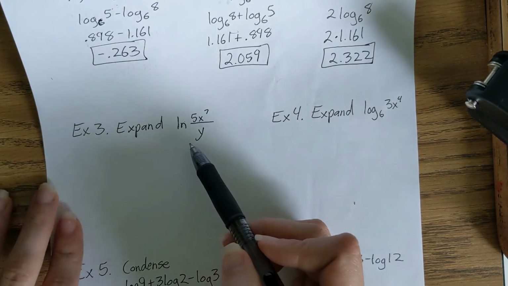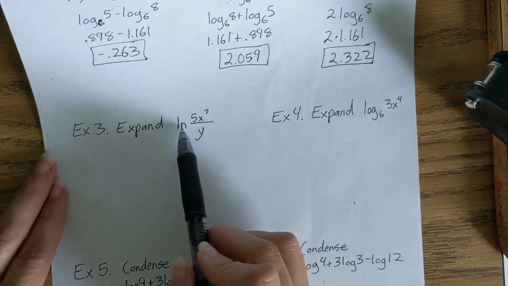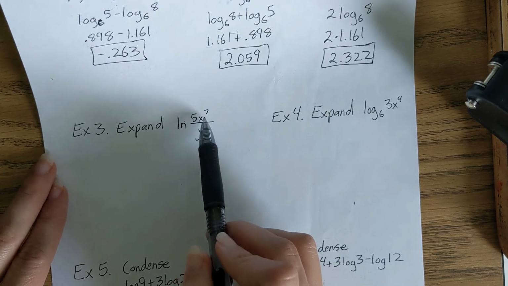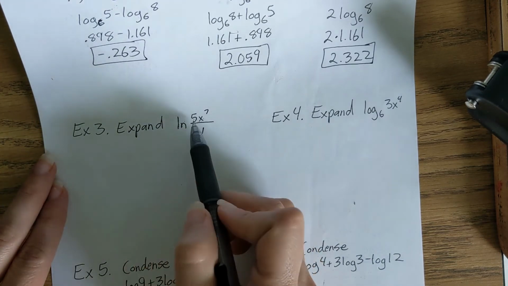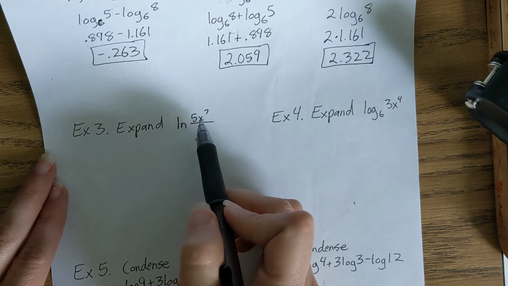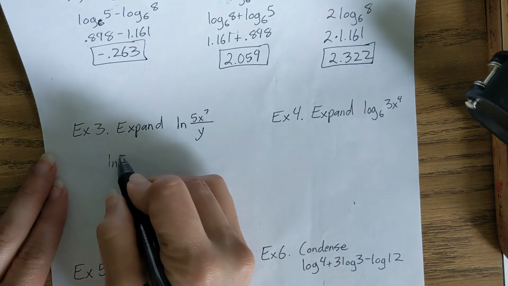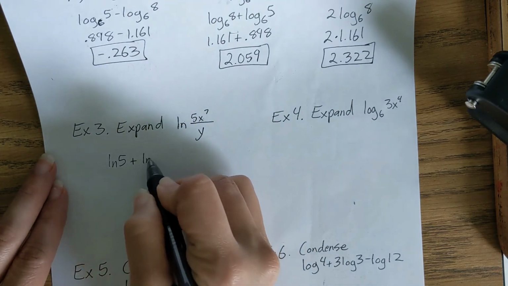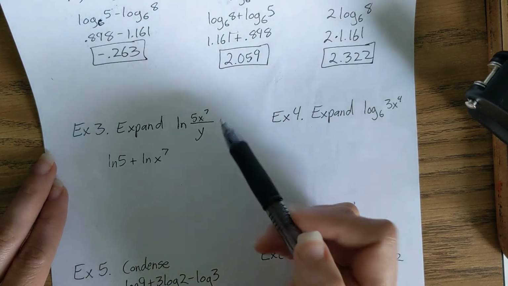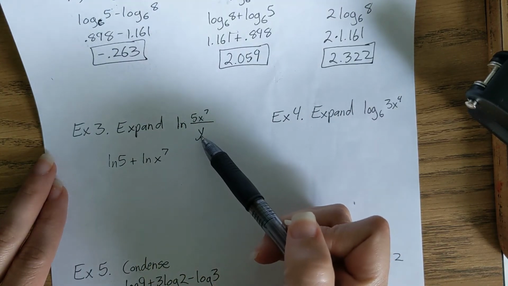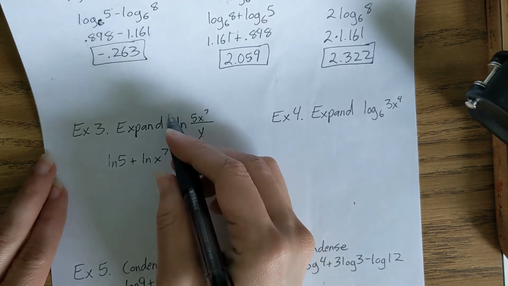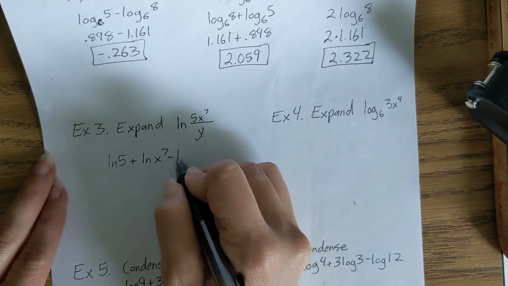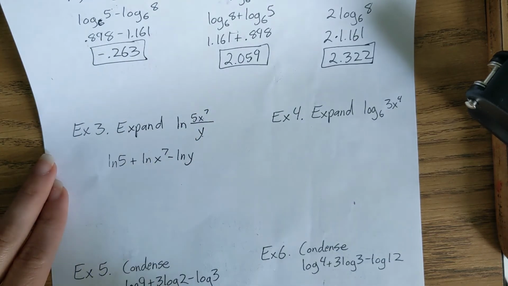So first of all, I've got this number, I've got this number, I've got this number. So if they're getting multiplied, that's going to be addition, right? So I'm going to have ln 5 plus ln x to the 7th. And then lastly, I have this getting divided, so that's going to be a subtraction. So I'm going to put minus ln y.